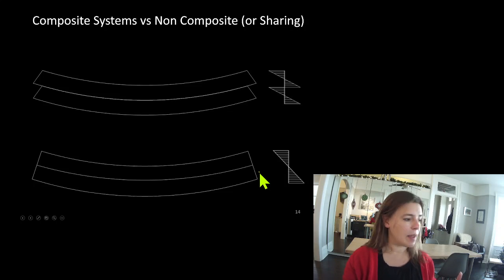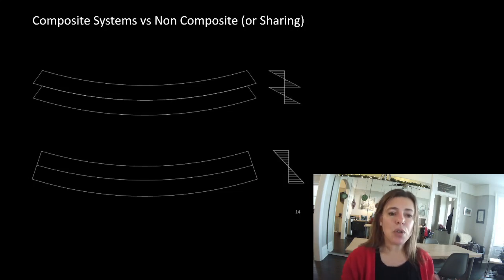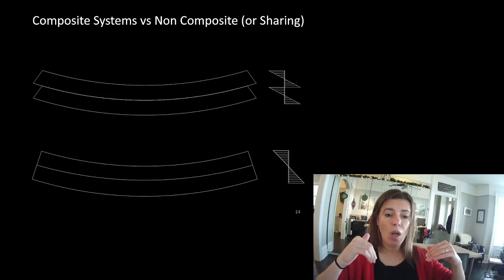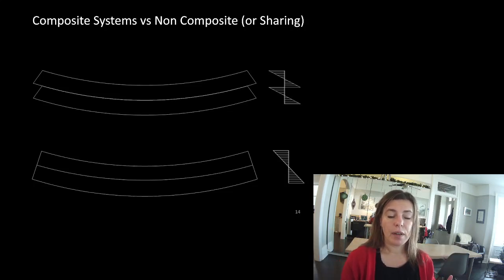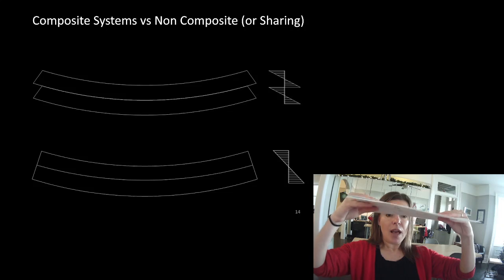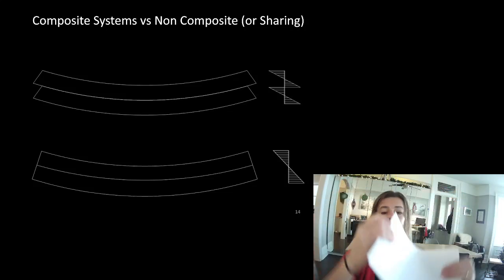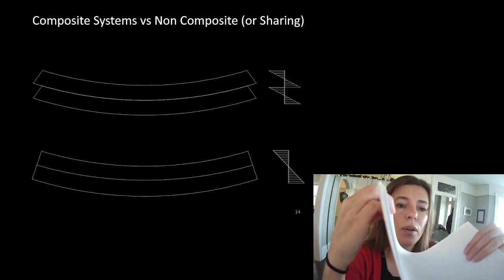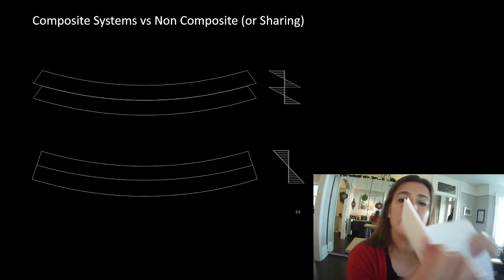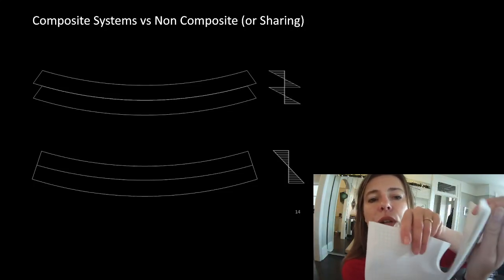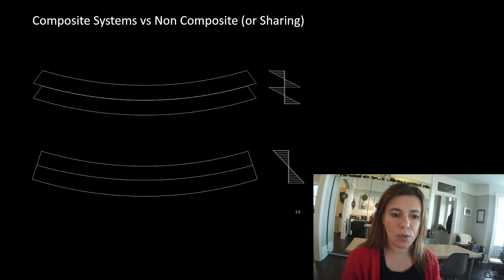Think of it this way: if you took a phone book or a paperback book and bent it, all of the pages slip relative to each other. It's a lot stronger than one single page of paper, for sure. Actually, look at this, I've got paper right here in my hand. They all slip relative to each other. And if it was a big enough book, you could actually see that those are slipping relative to each other when you bend them.